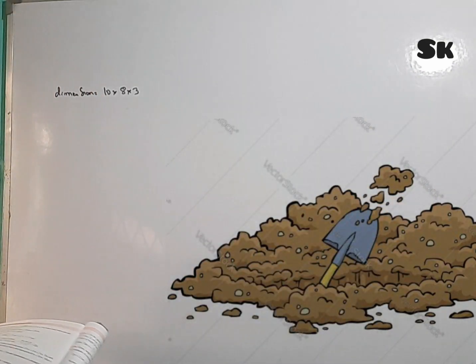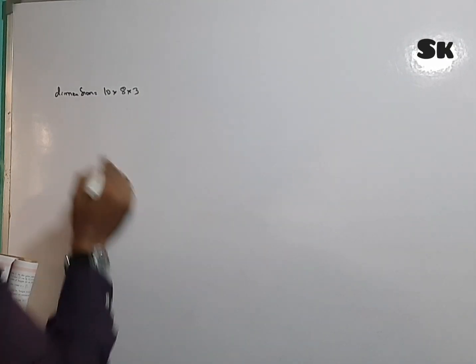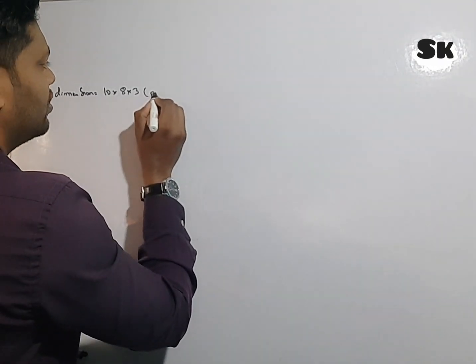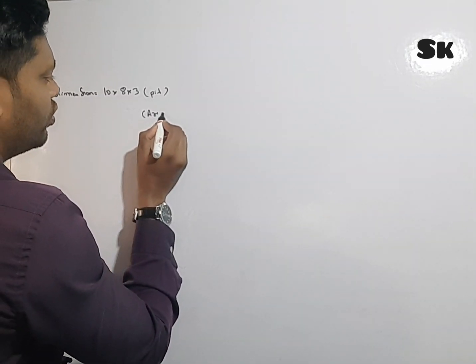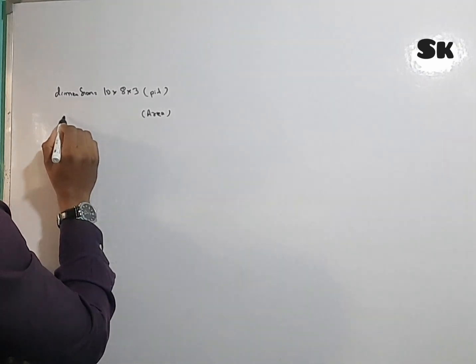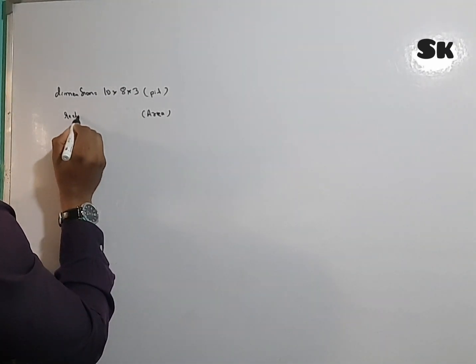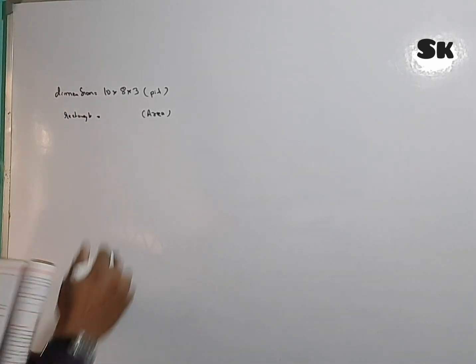They gave you the area where you are throwing the earth. For example, this is the pit you are trying to make, and this is the area where you are throwing the sand or the earth. It's a rectangular area. For example, they gave us 40 into 30.